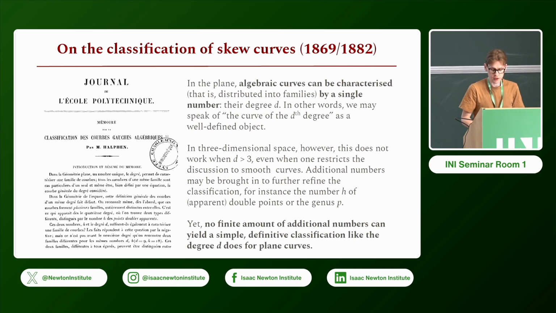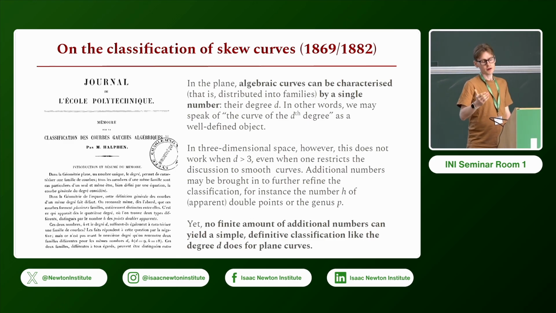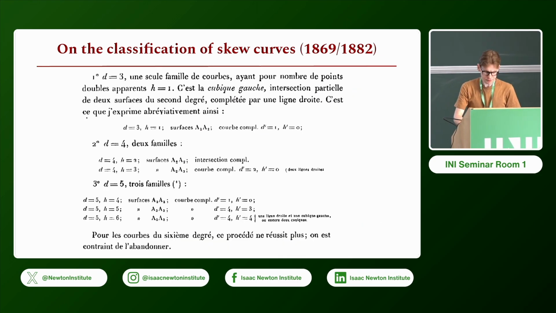principle to classify curves, because as soon as this degree is higher than 3, then we can come up with questions with properties that require further specification. Here's an example that he gives.